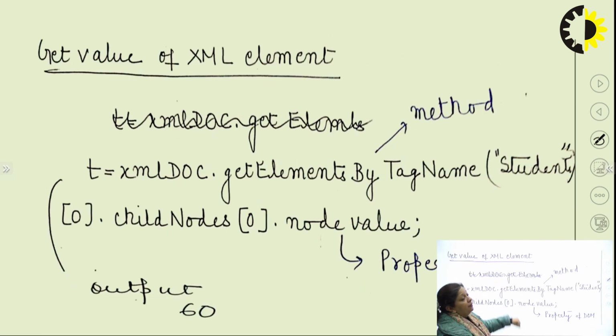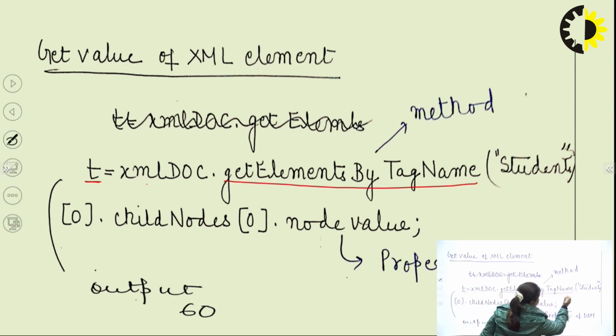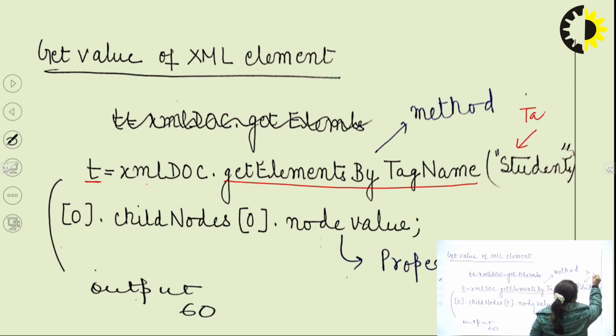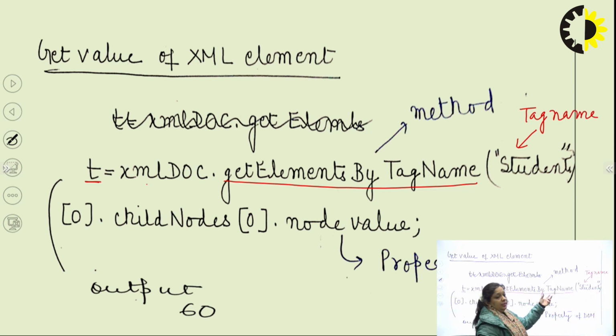Now to get the value from the XML document using the DOM parser, what I have done is I have simply taken this T and assigned xmlDoc, which I was using, dot. Now this getElementsByTagName is actually a method. By using this method I am able to access my tag with the name students. So this is my tag name. Here I am trying to access the elements for the tag name students, and here the 0 is specifying the level.